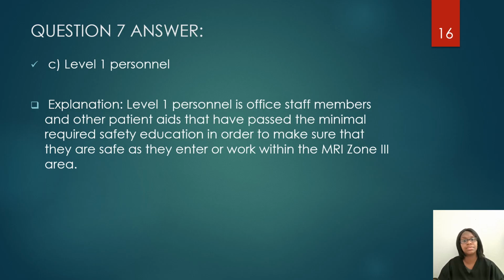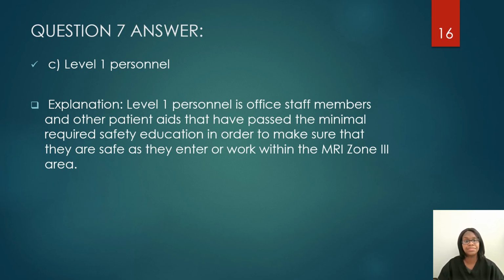Level 1 personnel. Level 1 personnel are the office staff members and the other patient aides that have passed the minimum required safety education in order to make sure that they are safe as they enter into the MRI Zone 3 area.